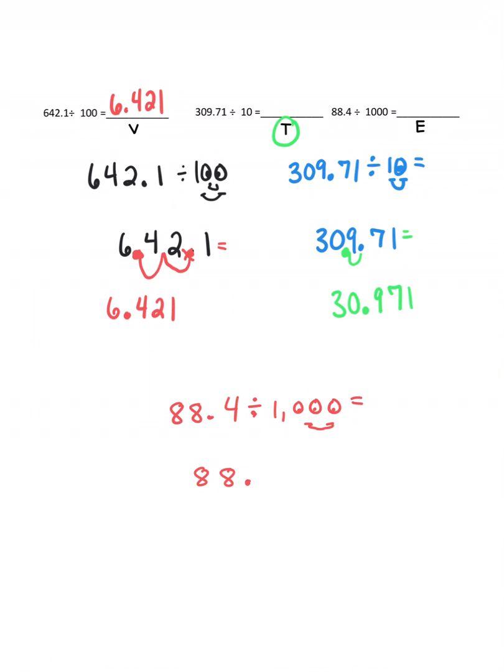Rewrite your number and add your zeros as a placeholder onto the other side of the number, since you're going to be moving your decimal point to the left. It looks a little funny to write the number like that, but it will make sense once you move your decimal point. Okay, so now again, we're going to move our decimal point over 3 spots because there are 3 zeros in 1,000. 1, 2, 3.